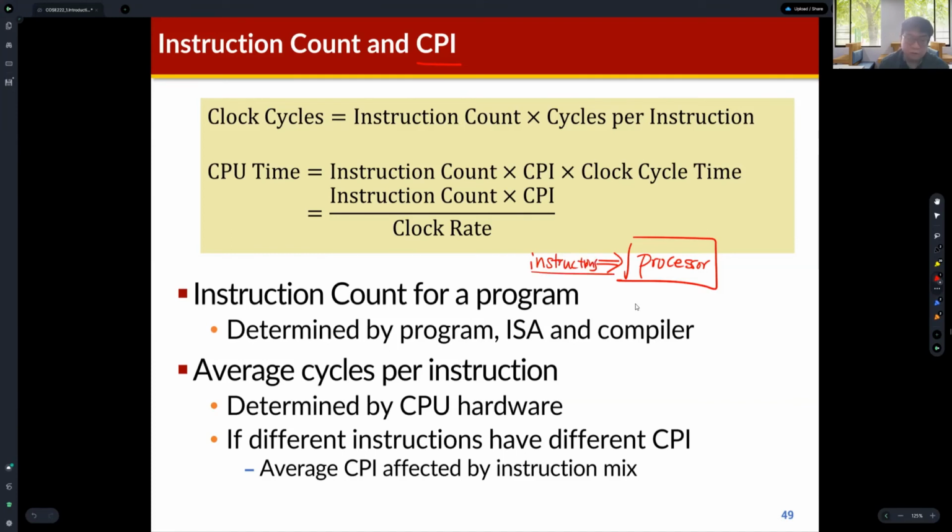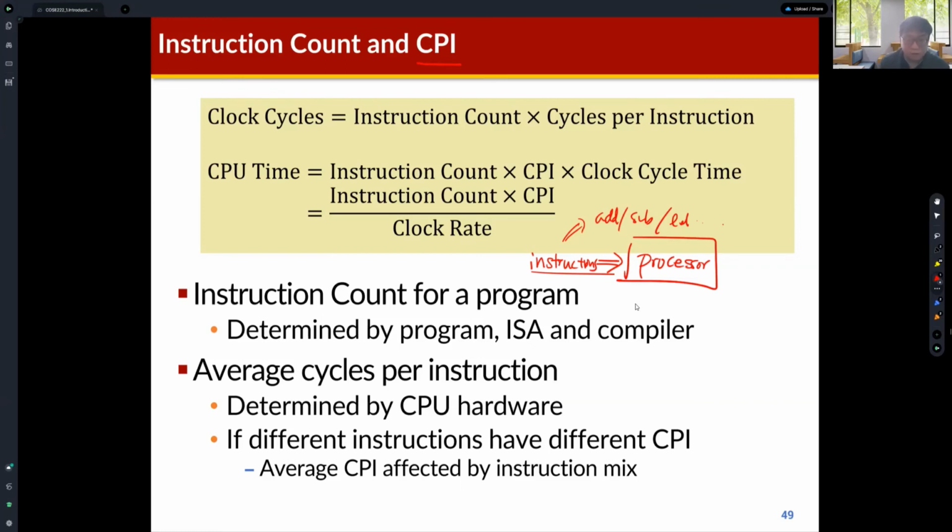So what is an instruction? It's like add, sub, load, right? Any instructions such as arithmetic instructions like add, subtract, multiply or divide. Also, the computer processor requires some data transfer instructions like load and store. So these are kinds of instructions.